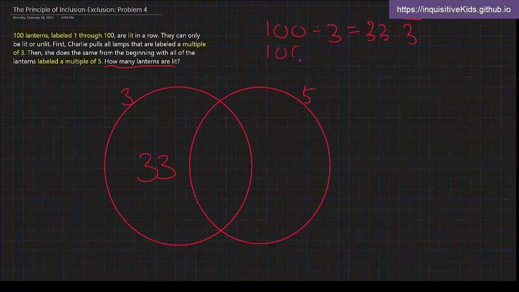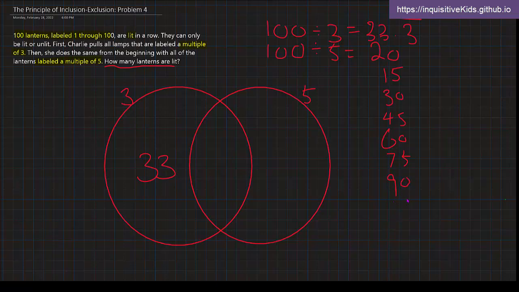Now let's see how many 5s fit. And from the last problem, you may remember that's 20. But we can't directly write 20 right in here because we know that there are going to be some multiples that are going to be recounted. And those will be 15. So there's 15, 30, 45, 60, 75, 90.